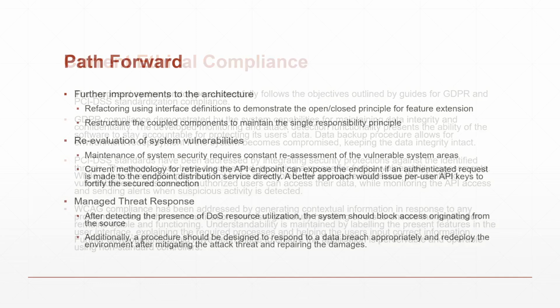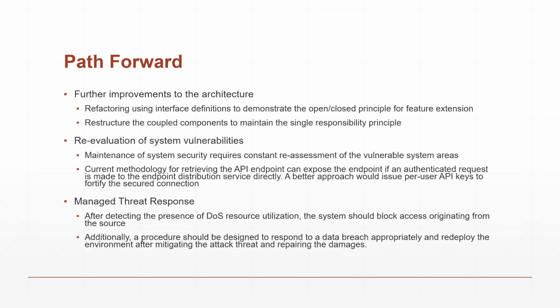And the path forward for secure system development includes further improvements to the architecture, such as refactoring using interface definitions to demonstrate the open-closed principle of feature extension, or restructuring the coupled components to maintain the single responsibility principle.